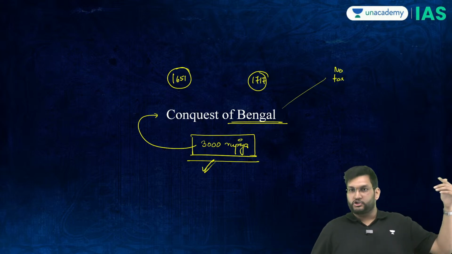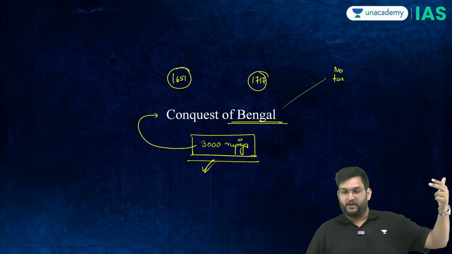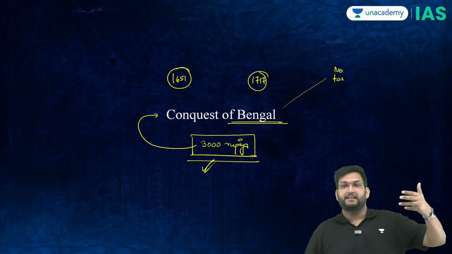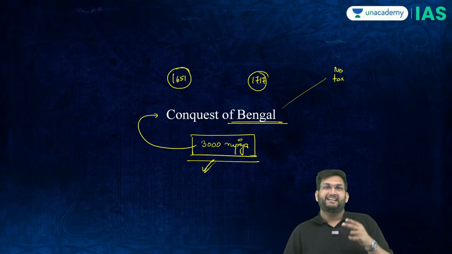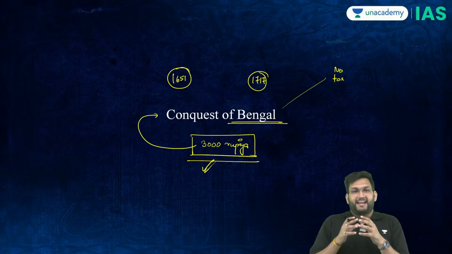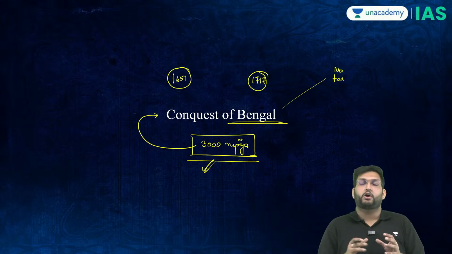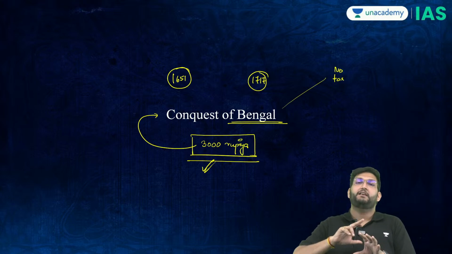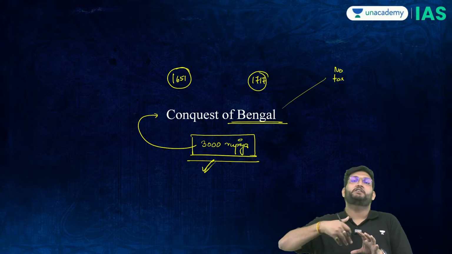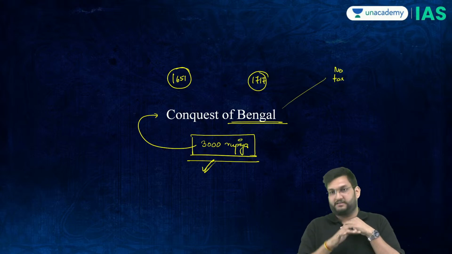You had Murshid Quli Khan, thereafter Sujauddin, and then Ali Vardi Khan. Ali Vardi Khan hated the British, because he saw the British as a problem in Bengal, since they were in a way misusing the farmans which were given previously.